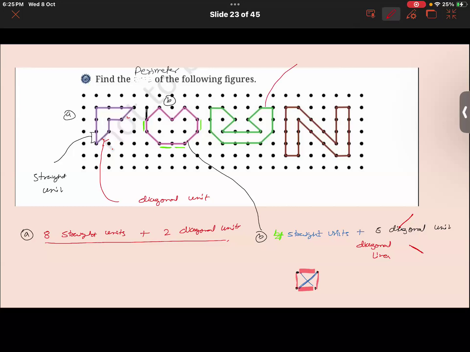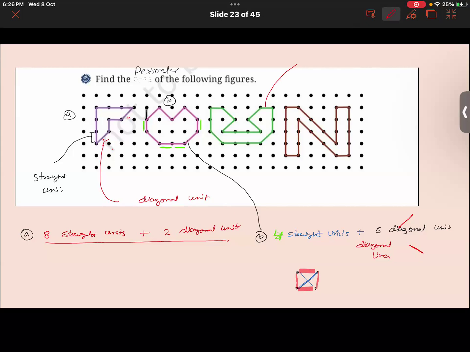In the third one, how many straight units are there in it? One, two, three, four, five, six, seven, eight, nine, ten, eleven, twelve. 12 straight units are there, correct?